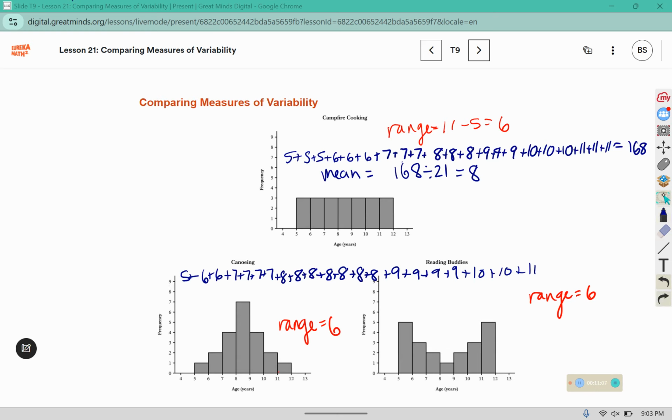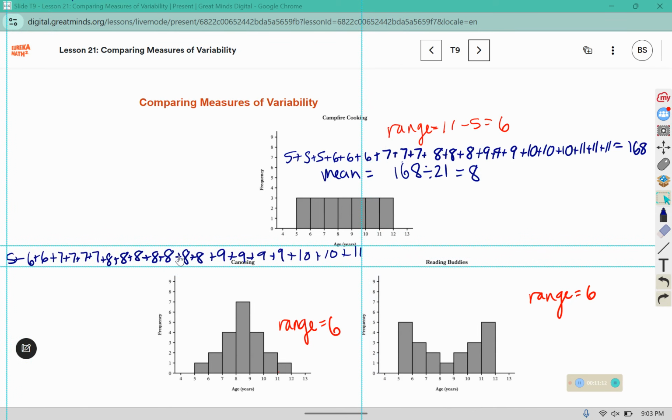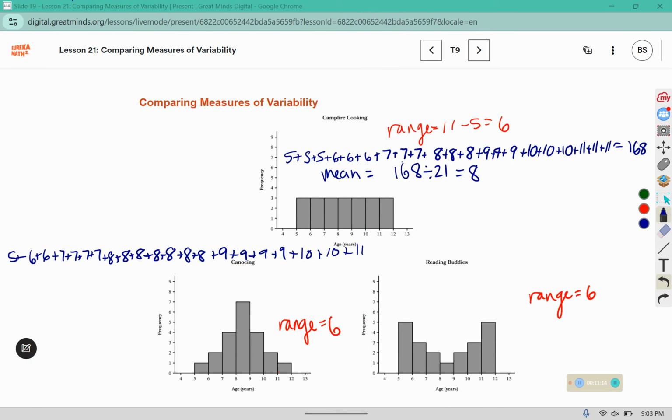Add all those together. That is also 168. And there's 1 in here, 2 in here, 4 here, 7, 4, 2, and 1.